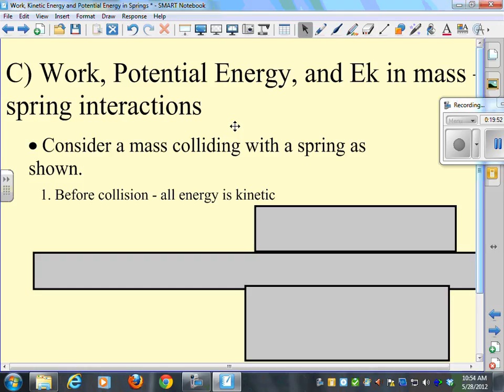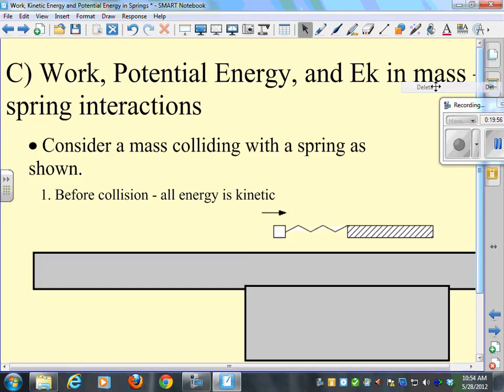Okay, so here's my little box, my sideways pogo stick, and this is a really bad drawing of a spring. This is my little boxy thing running into the spring.